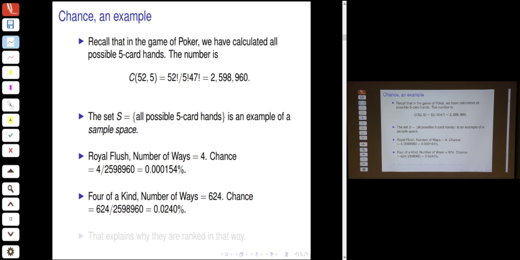Now there are other subsets, right? There's the collection of four of a kind. We calculated last time that the total number is 624.